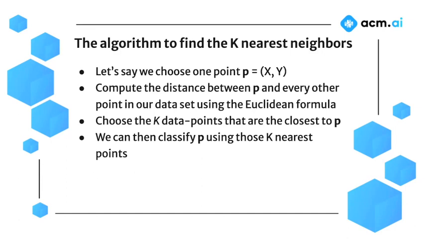And then once we've calculated how far this new point is from everyone else, we want to pick the K nearest points that have the shortest distances, and then we can use that to say, okay, our new data point is the most common class out of all these points.